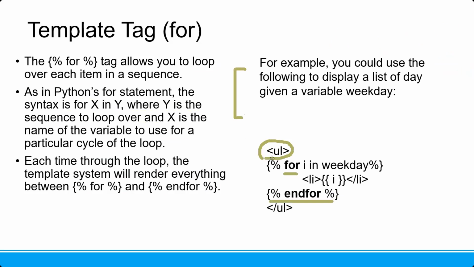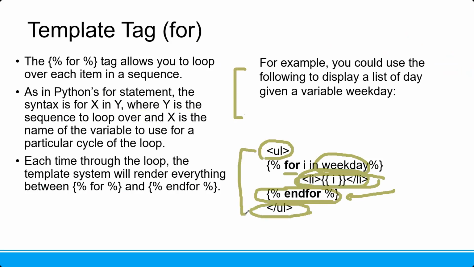Okay, in HTML. For i in weekday, let's say weekday is data like Monday, Tuesday, Wednesday, Thursday. So I'm going to print i in Li. Li is a list. And I need to put the endfor, so the HTML knows I will print this one. After I print this one, it will be ended here, and this is the ending of this algorithm.